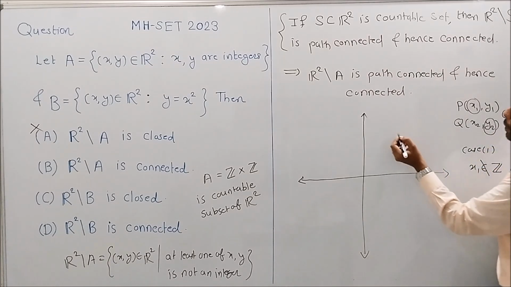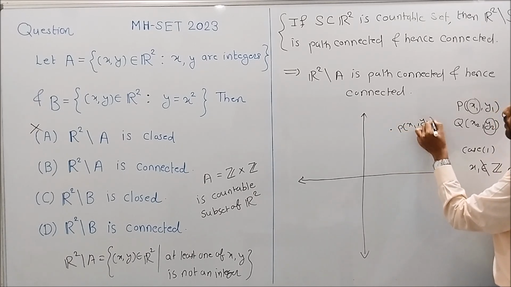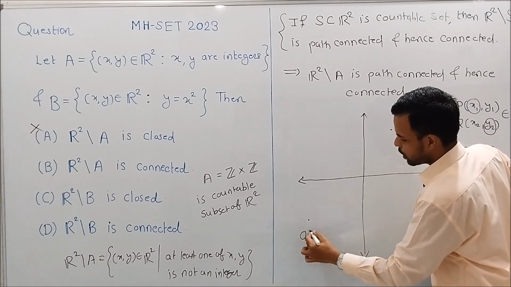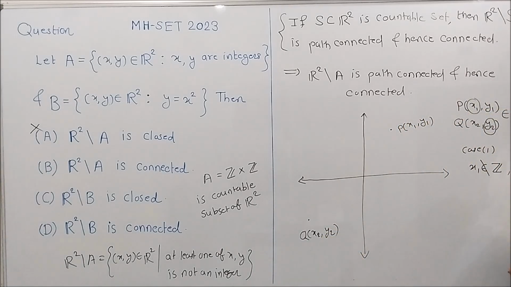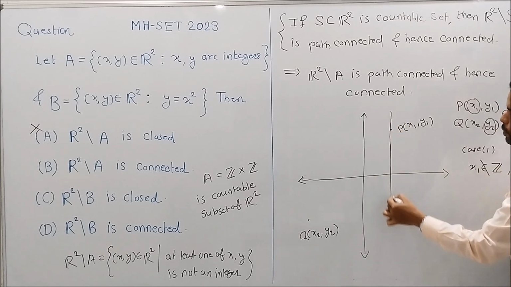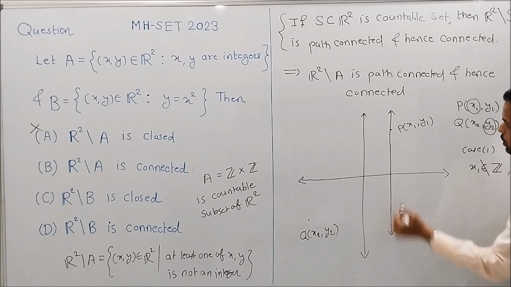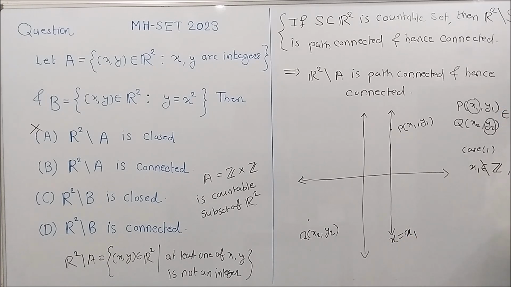Suppose point P is something here. This is P (x1, y1) and say point Q is here. This is Q (x2, y2). Now draw a vertical line which passes through the point P. This line is given by the equation x equals x1.